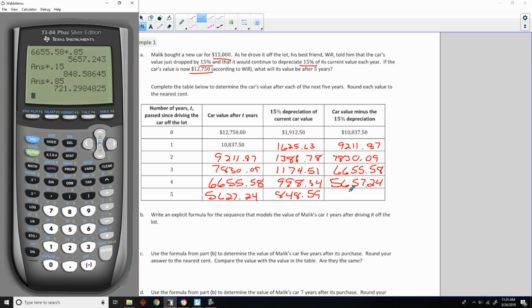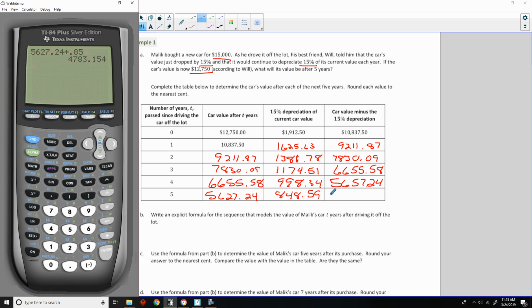And go back to the previous entry and change it to 85% to see what it would be after subtracting. Did I do that right? Nope. I hit second answer instead of second entry. So let me go back 2 entries and change this. Nope. How about we just do it this way? 5627.24 times 0.85.